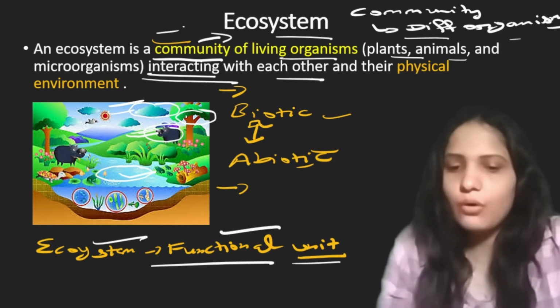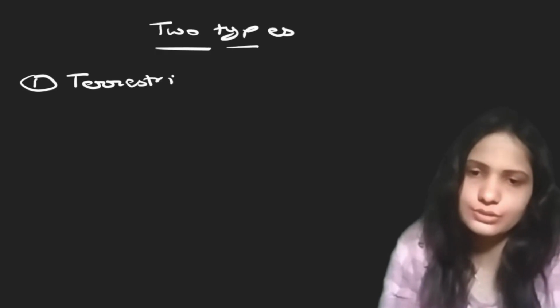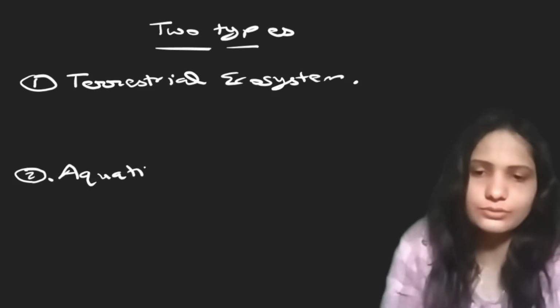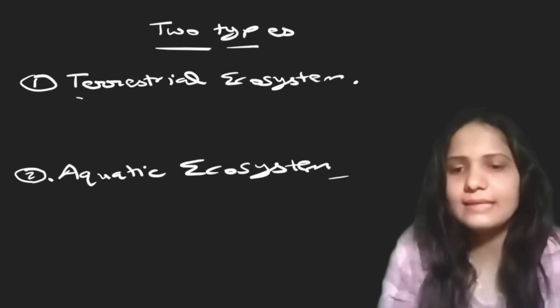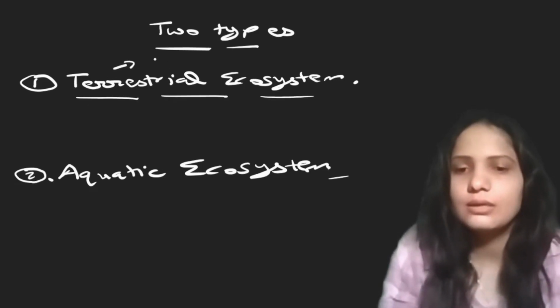Ecosystem can be of two types: terrestrial ecosystem, and the second type we have, aquatic ecosystem. These are the two types of ecosystem we have. If I say terrestrial ecosystem, what does it mean? Terrestrial means land.